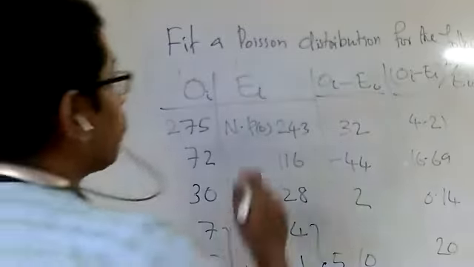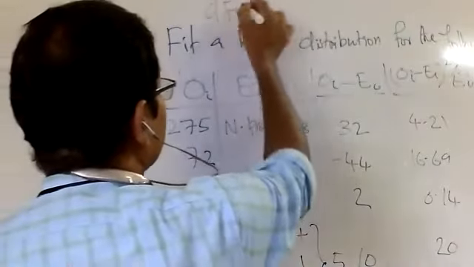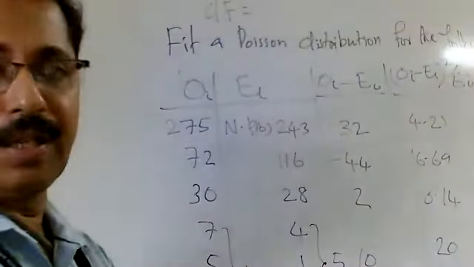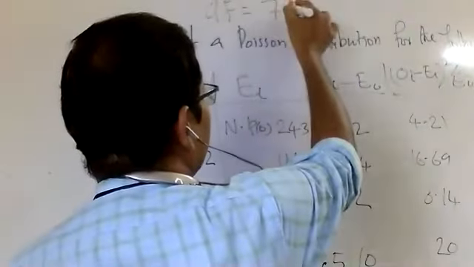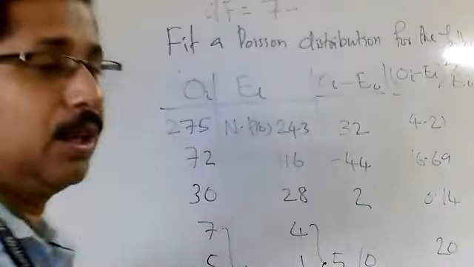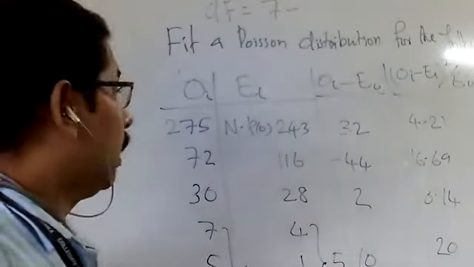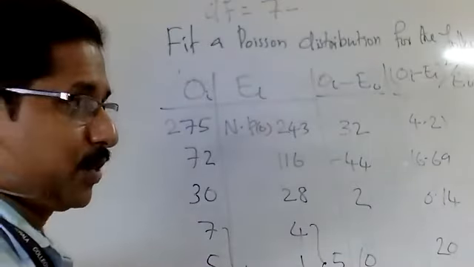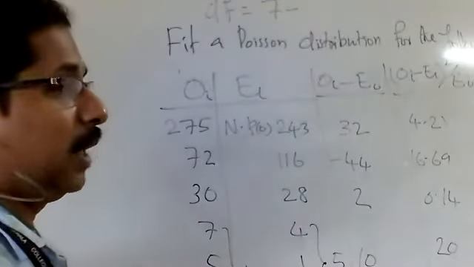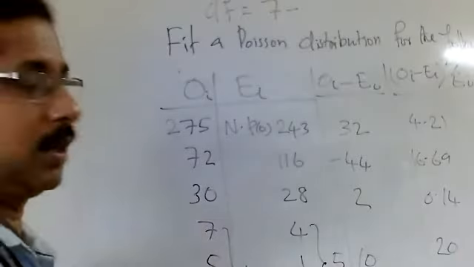Degrees of freedom is actually n minus 1. For this case n is 7. But before minus 1, how many observations did you merge? You have merged 4 observations. So you have to subtract that, 4 minus 1, that is 3.